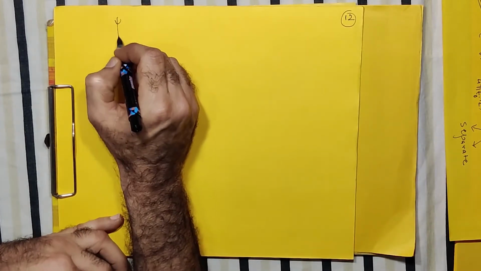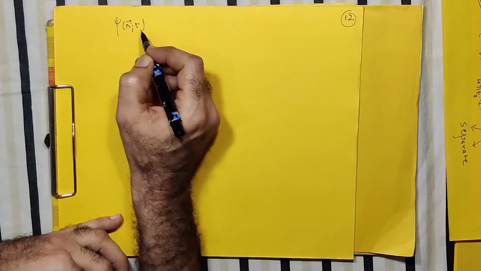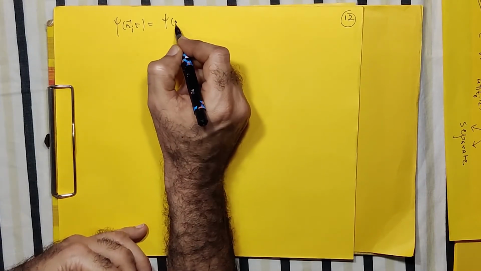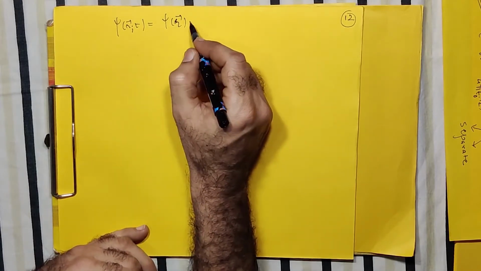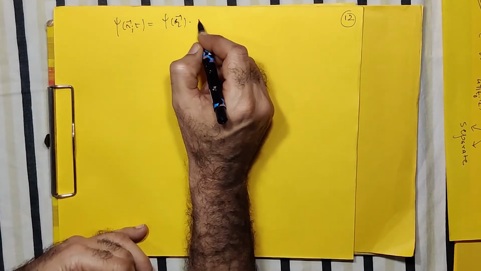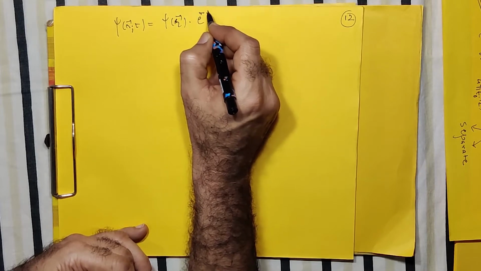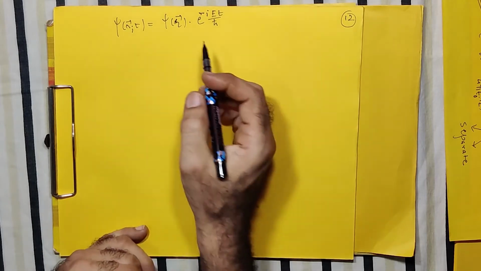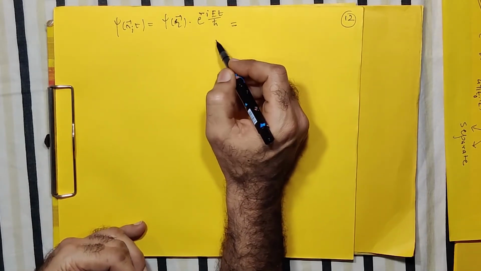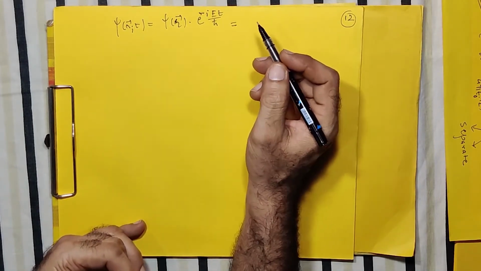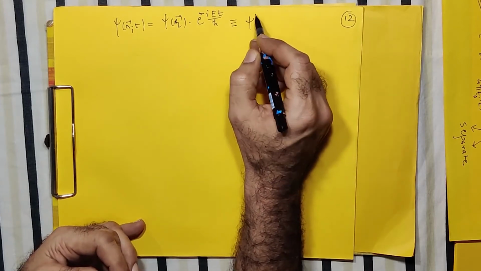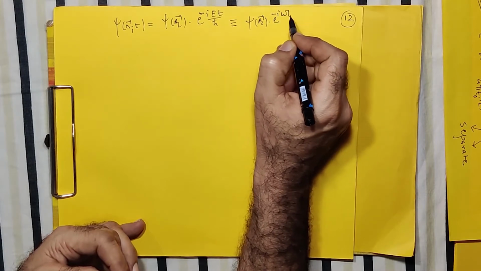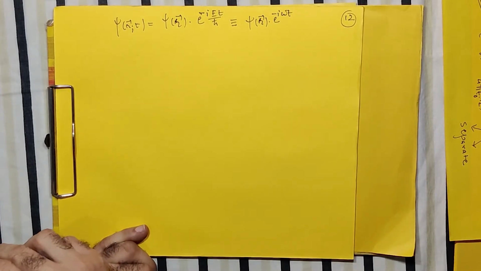So I can write my ψ, the wave function describing a particle, as an r dependent part multiplied by the time dependent part, which I can write as e^(−iEt/ħ). In other fashion, you can also write, since ħω is E, this is equivalent, in fact, ψ(r) e^(−iωt), where ω is the angular frequency.